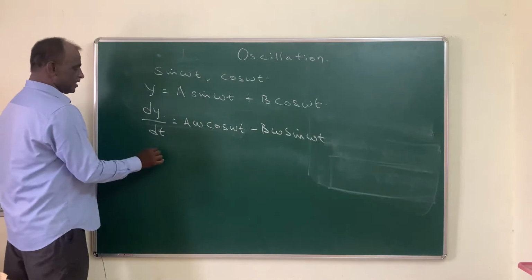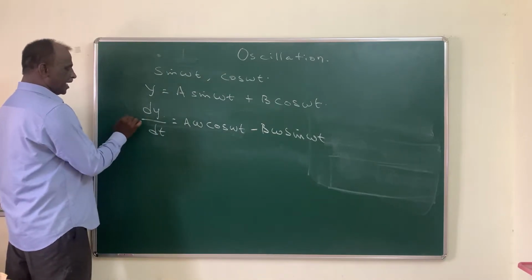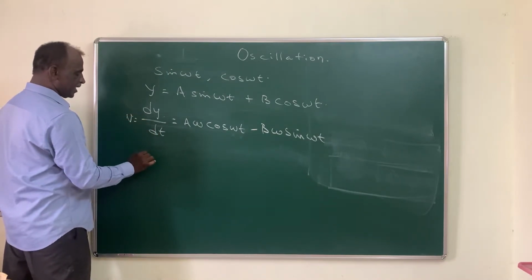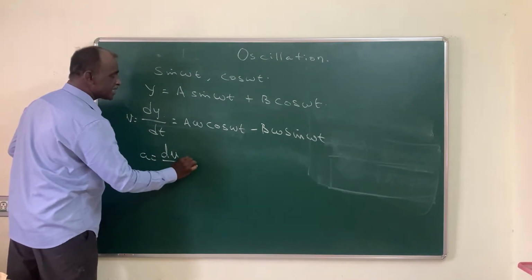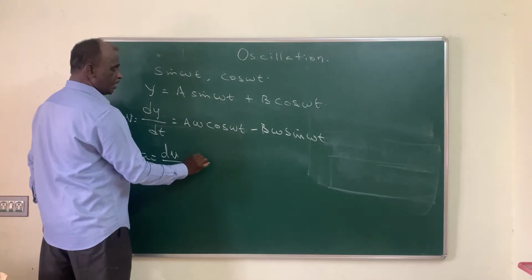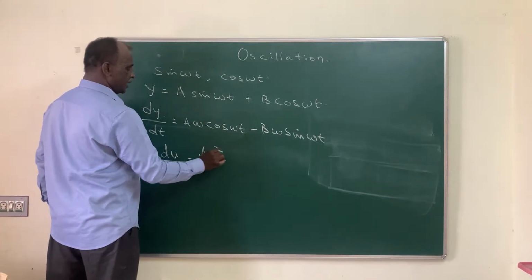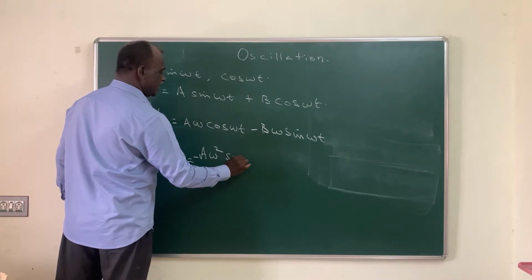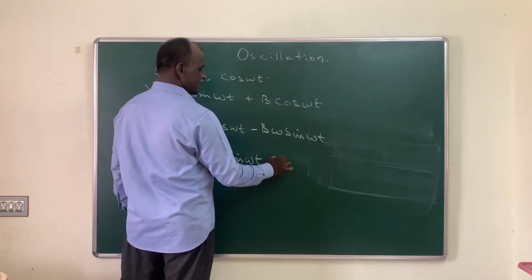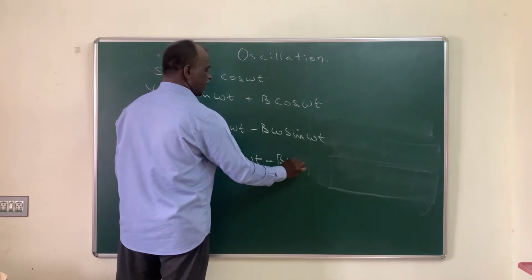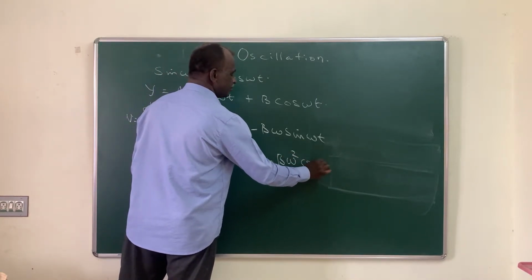In order to find the acceleration, I have to differentiate again. So a equal to dv by dt. As a result, the equation becomes minus a into omega square sin omega t minus b into omega square cos omega t.